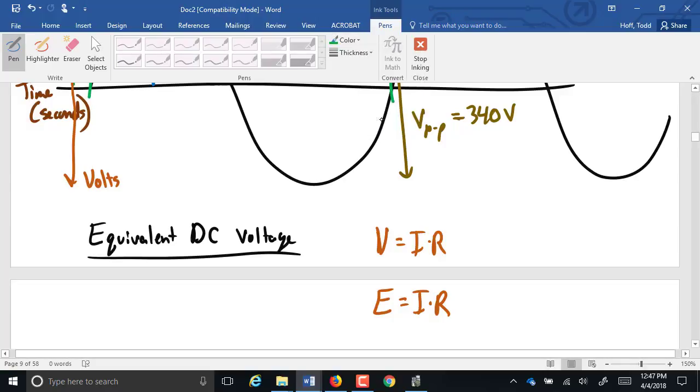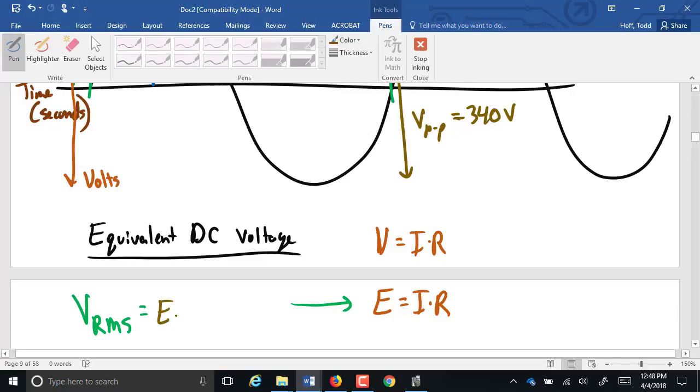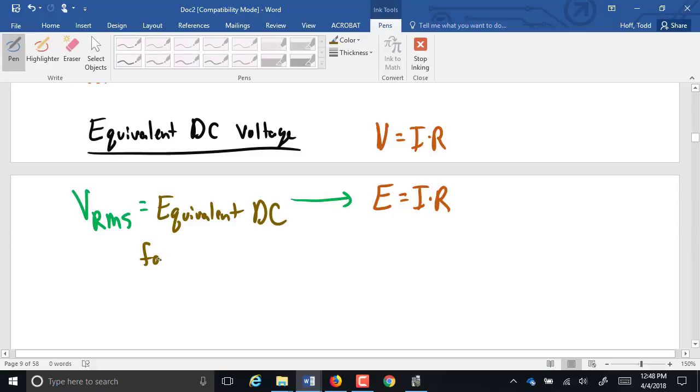Because in the AC current, that voltage is not a constant push. It follows that sine wave. But what usually gets put in there for the voltage is something called RMS voltage. RMS voltage is the equivalent DC voltage for a particular peak AC voltage.